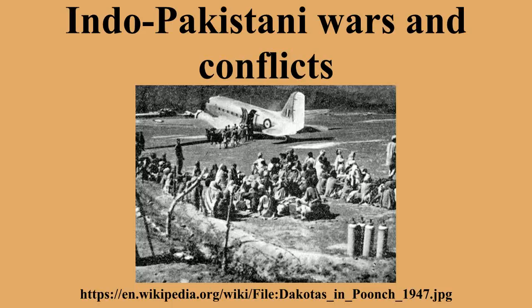Past skirmishes and standoffs. Indian integration of Junagadh. The princely state of Junagadh, which had a Hindu majority and a Muslim ruler, acceded to Pakistan on 15 September 1947, claiming a connection by sea.